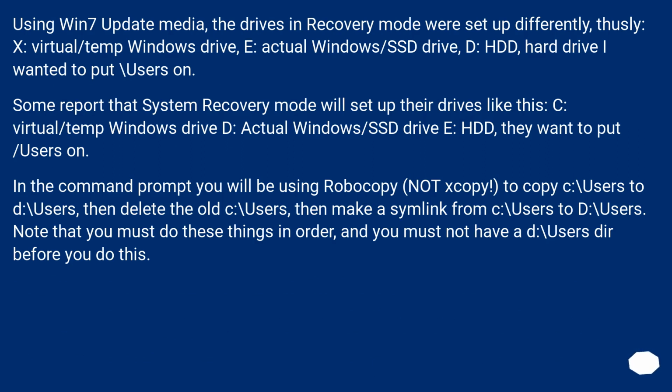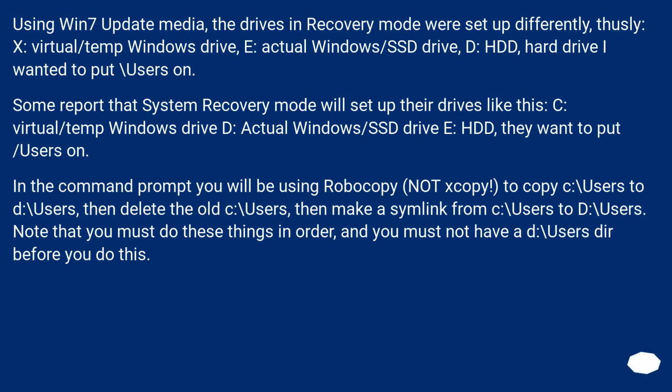Using Win7 Update Media, the drives in recovery mode were set up differently, thusly: X, virtual/temp Windows drive, E, actual Windows/SSD drive, D, HDD hard drive. I wanted to put \users on. Some report that System Recovery Mode will set up their drives like this: C, virtual/temp Windows drive, D, actual Windows/SSD drive, E, HDD they want to put \users on.